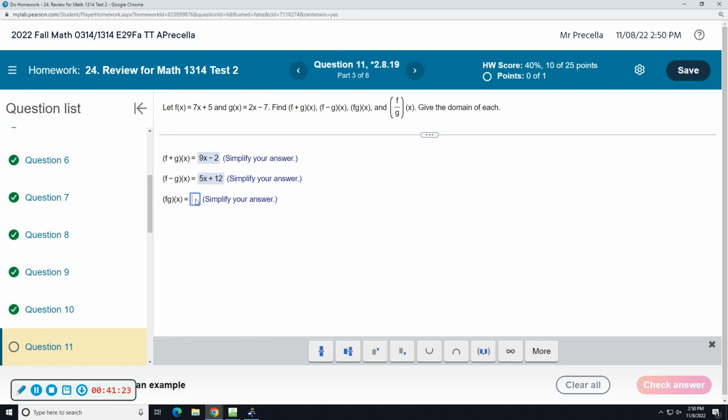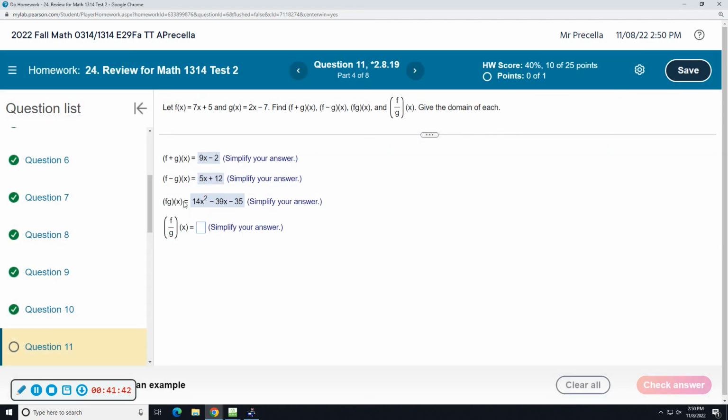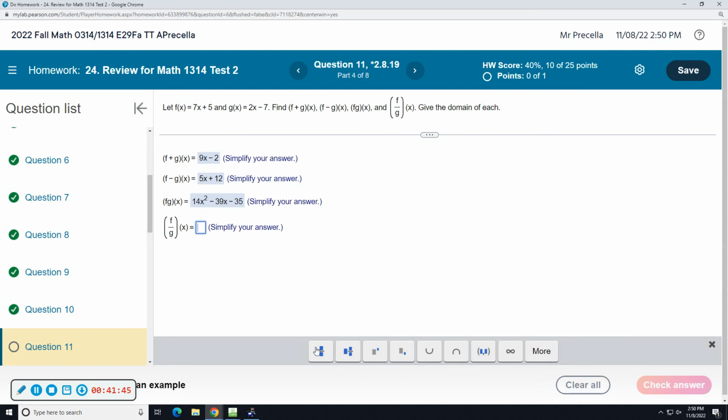F times g, that's a 14x squared minus 39x minus 35. And f divided by g, I'll use my fraction hot button. On top, we have a 7x plus 5. And on the bottom, clicking down there, we have a 2x minus 7.